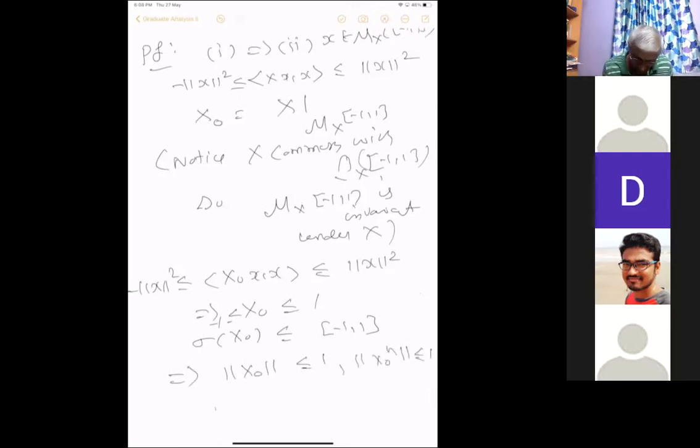Now x naught power n x is the same as x power n x, because x itself leaves the space invariant for x in this. Since x leaves this space invariant, this is true, which is less than or equal to norm x.